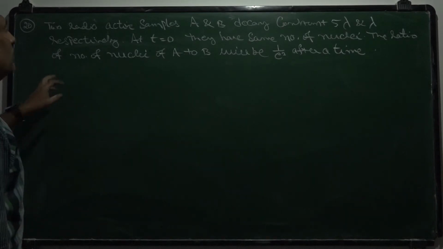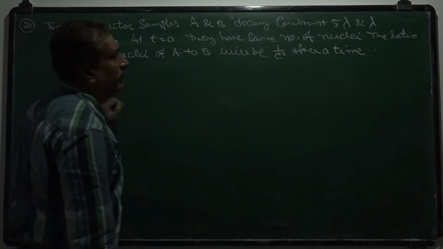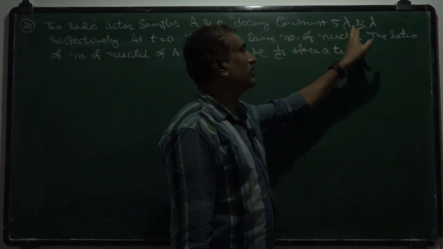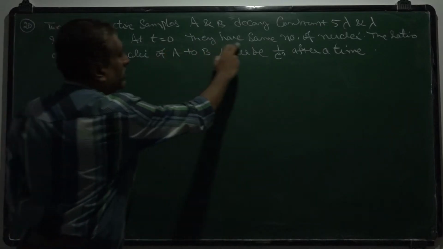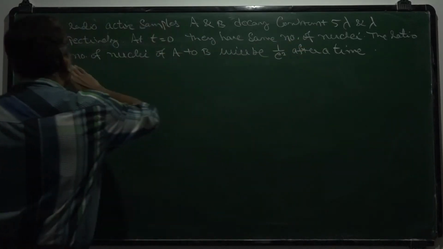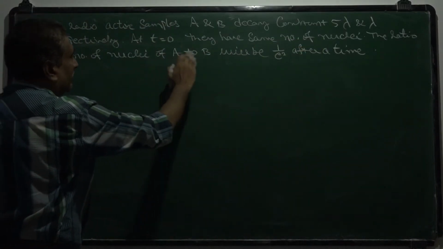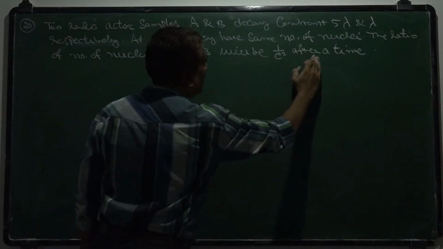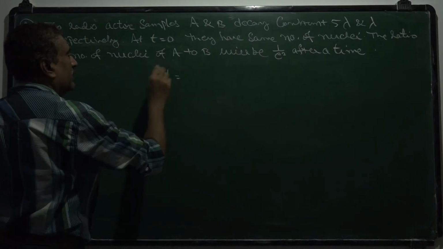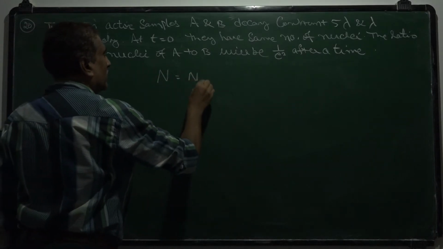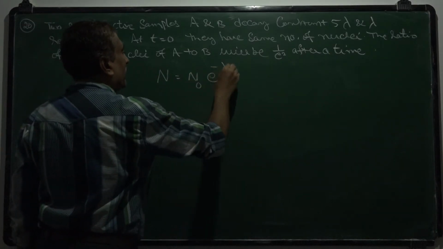The problem is: two radioactive samples A and B having decay constants 5 lambda and lambda respectively. At time t equal to 0, they have the same number of nuclei. The ratio of number of nuclei of A to B will be 1 by e square after a time t. So we have the radioactive decay law as N is equal to N0 e power minus lambda t.